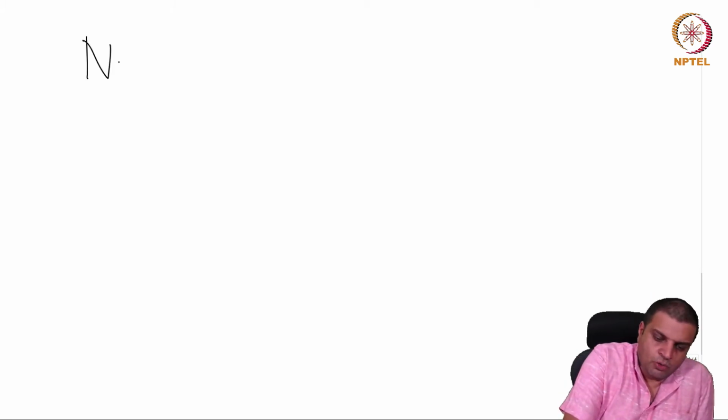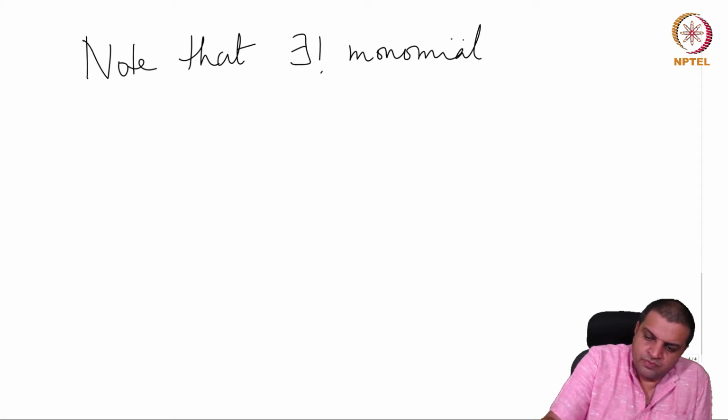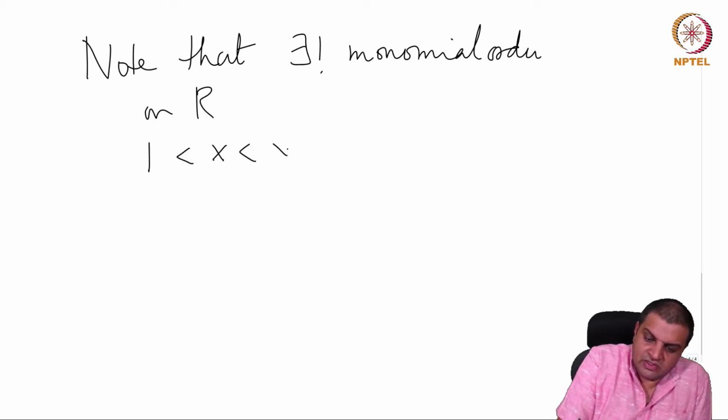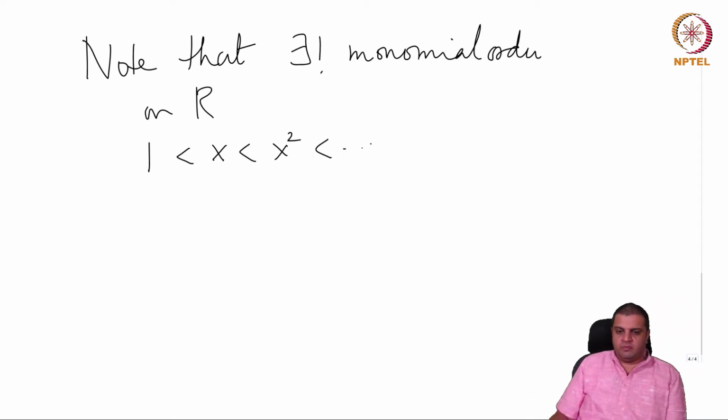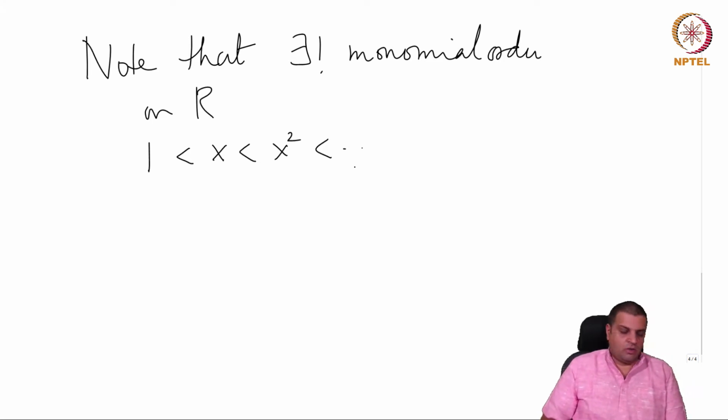So note that there's a unique monomial order on R, which is 1 less than x, less than x squared, and so on. We already notice that if one monomial divides another monomial, the smaller one is lower in the order. So there's only one order this way.